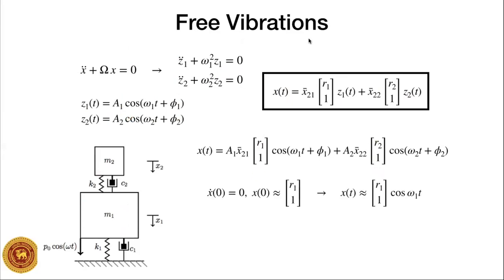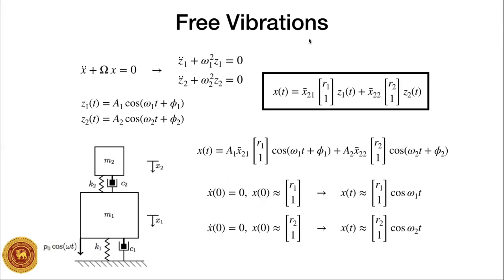And so it is interesting to note that if you had this initial condition where the initial velocities of both of these were zero, and the initial displacement of this and this were exactly like R1, 1. So they corresponded to this column matrix. So you displace this by 1 and this by R1, then that is this initial condition.